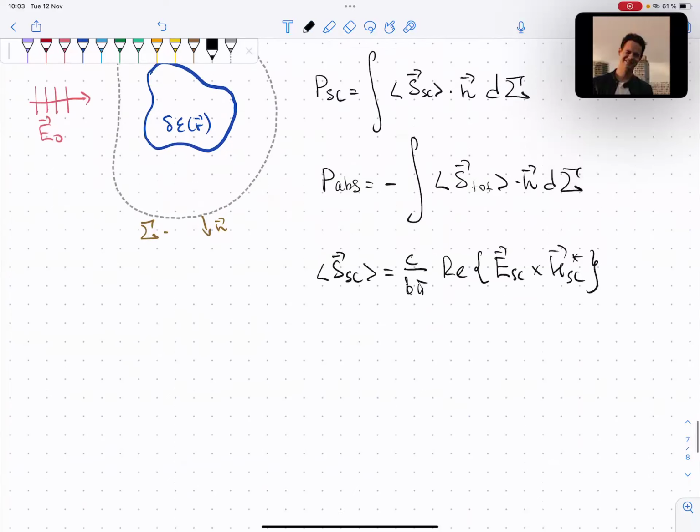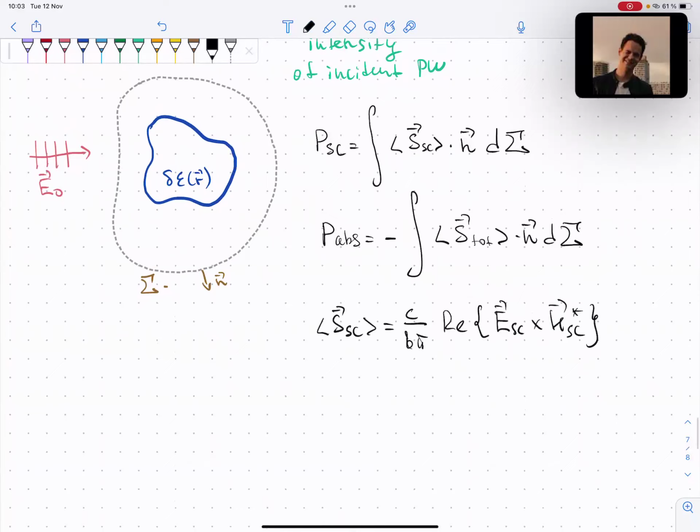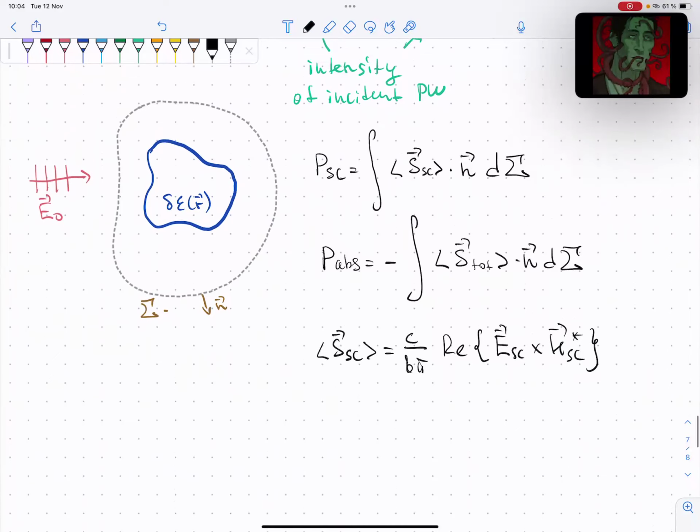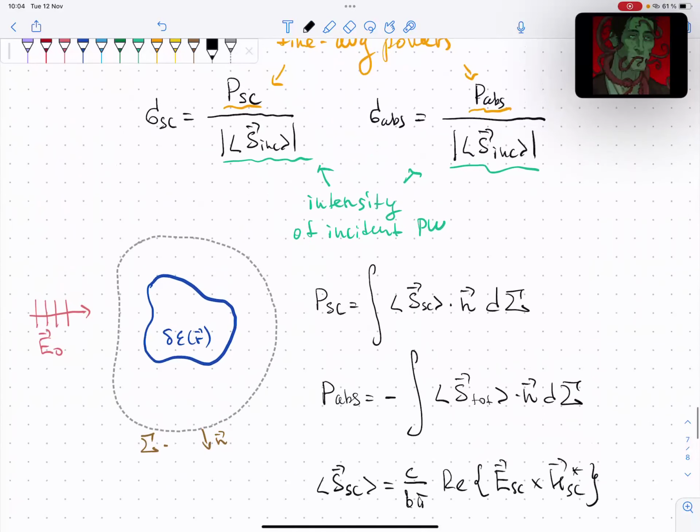So do you have some questions at this moment, or is everything clear? So with the scattering cross-section, these coefficients C and B, yes? Yeah.